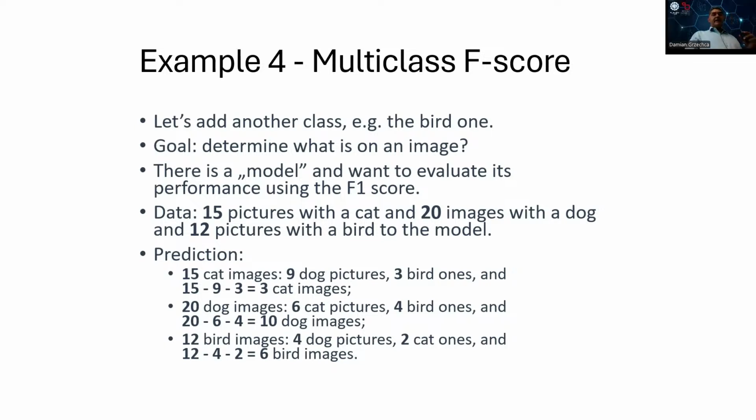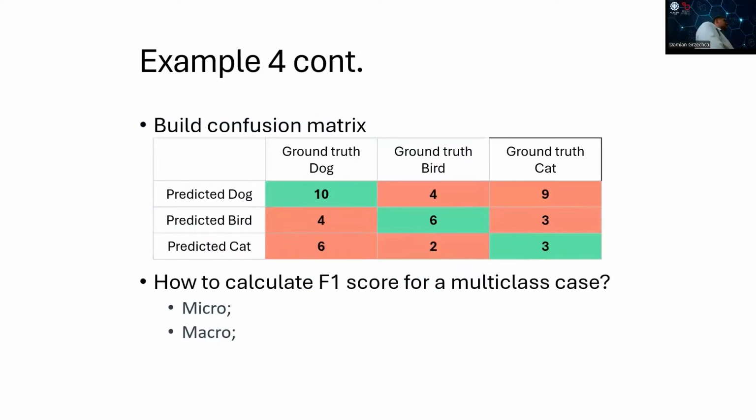Do you have any idea how to find the F1 score? We have two possibilities, micro and macro F1 score. Let's focus on the second one, the macro F1 score.